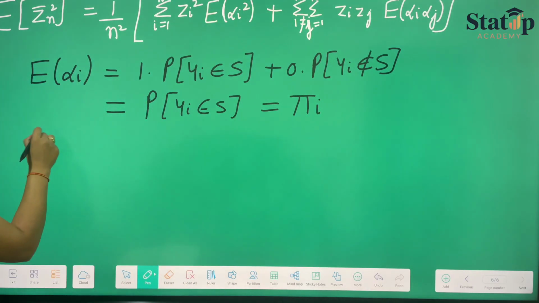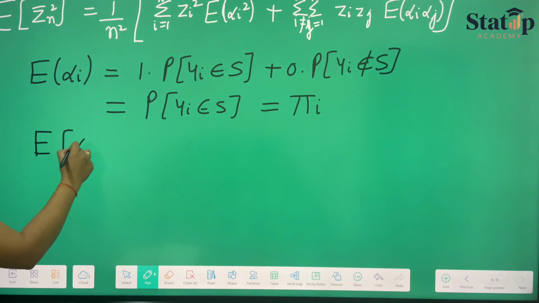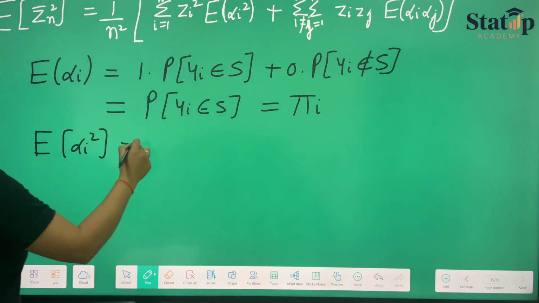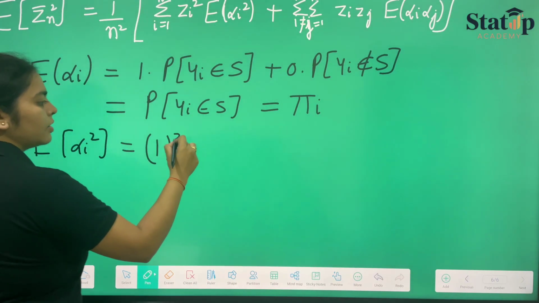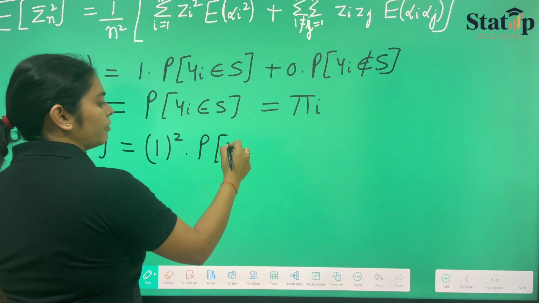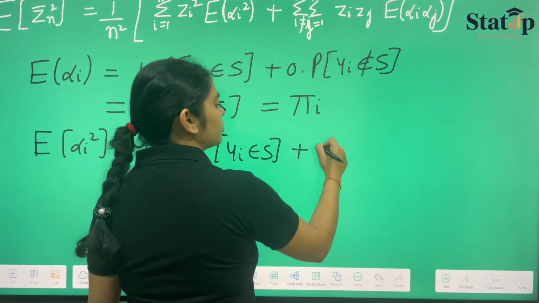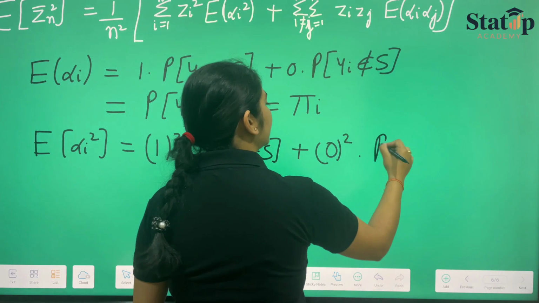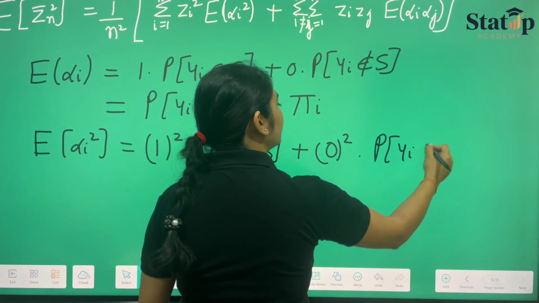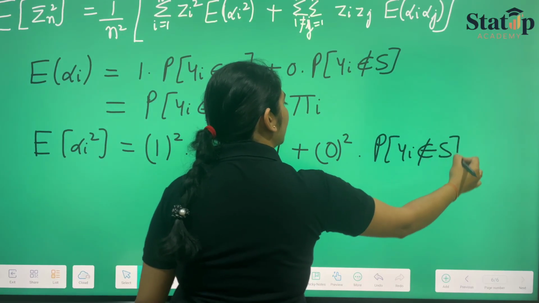Now calculating the expectation of alpha i square, which is nothing but 1 square into the probability that yi belongs to the sample plus 0 square into the probability that yi does not belong to the sample.